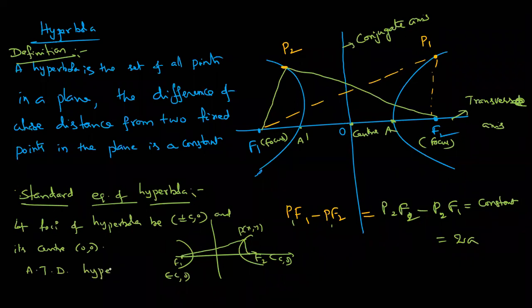Now, according to the definition of hyperbola, PF1 minus PF2 is equal to what? Constant, that is 2a. So in this case, you should understand that 2c is greater than 2a, and in the ellipse, 2c is less than 2a.